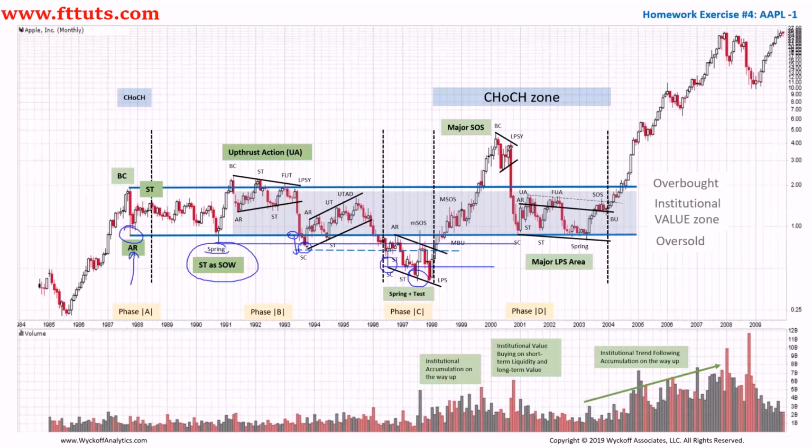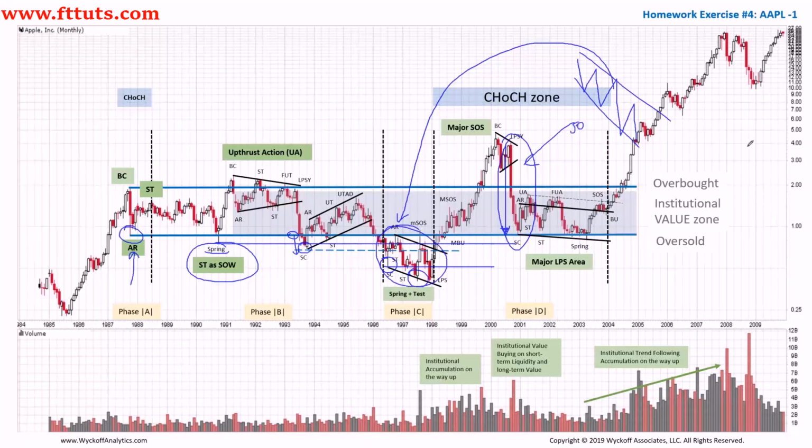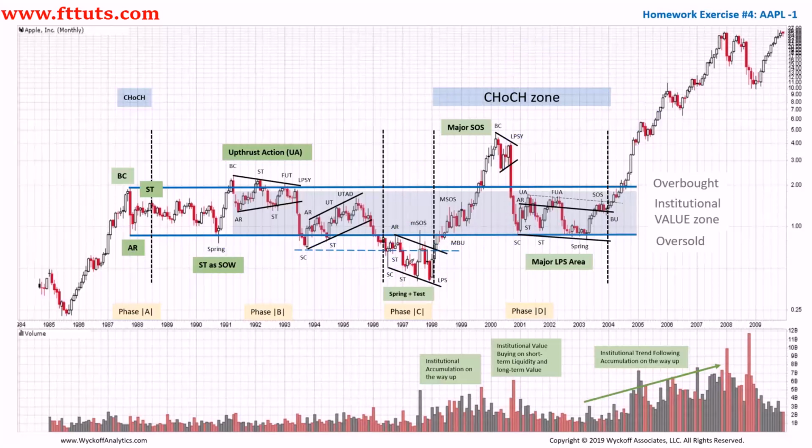With the shakeout action, we really would like to see more of this quality, where there is no laborious move to the downside. This is not how a shakeout happens, and this is exactly what's happening in this area. It's more of a catapult falling down, where everything goes down. That's a shakeout type of action. So just the texture, the character of this is not of the shakeout type of quality. Therefore, this is just a trading range that we will label as a spring and a test. Next question.